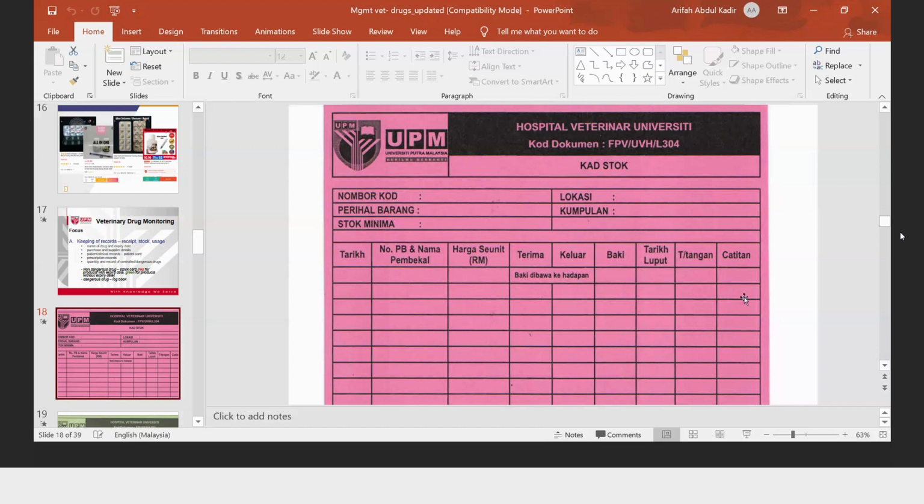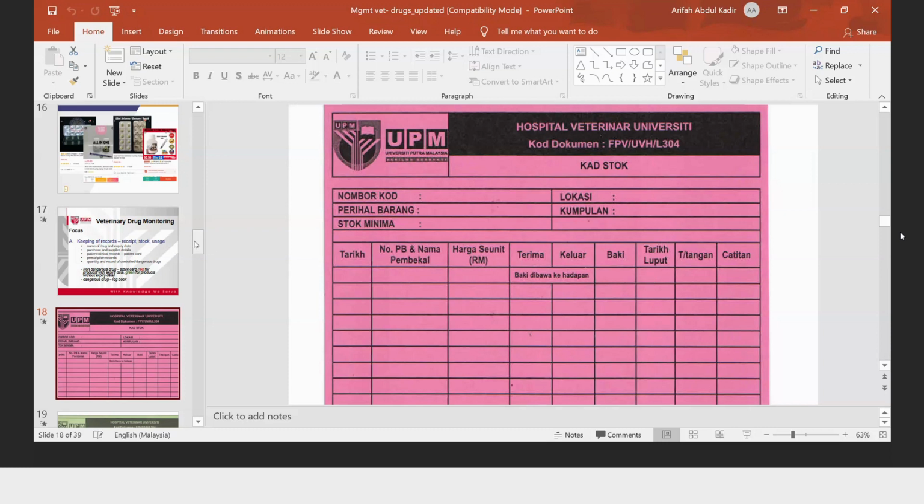This will be done during stock check. We do a stock check once a month, and we check whether what is in the cabinet is the same as what is in the stock. These are the details that need to be put in, and you can see the column on expiry date will be written there.